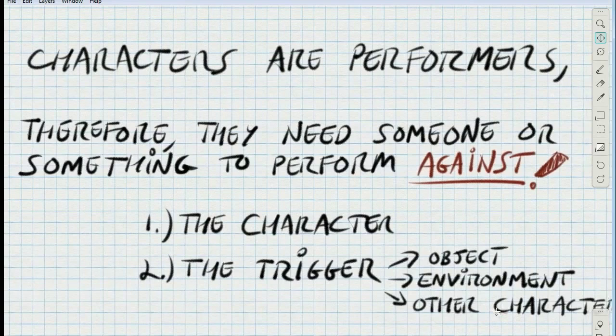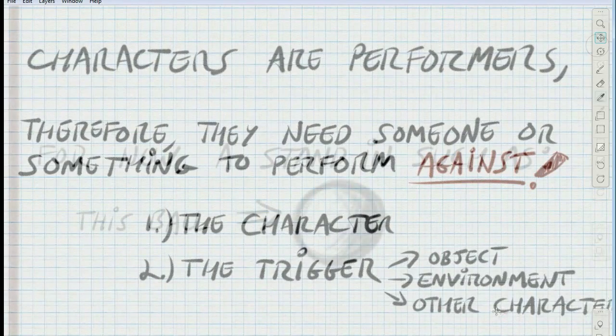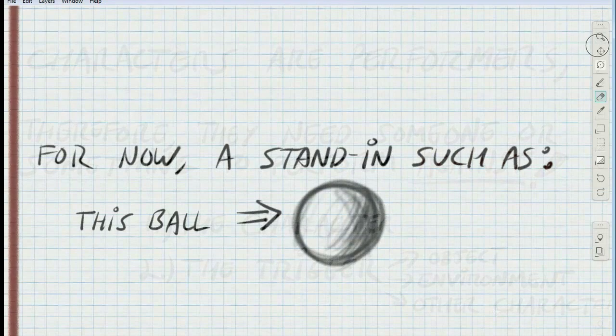Well, it helps in most cases if the character in question is reacting or relating to something outside of himself, right? Characters don't typically act in a vacuum, Shakespearean monologues aside. So for our purposes today, we're going to draw an object as a stand-in for that thing to react to, and that's going to be this ball.